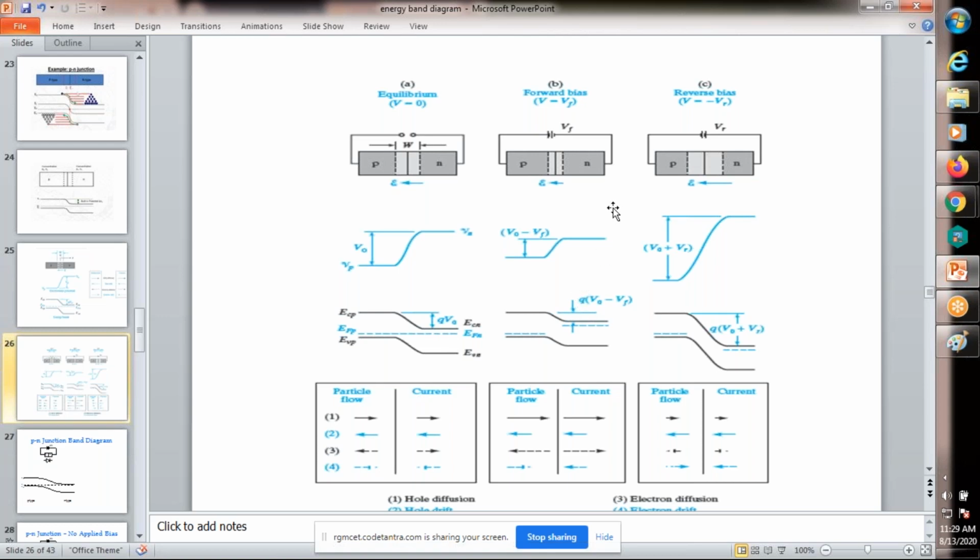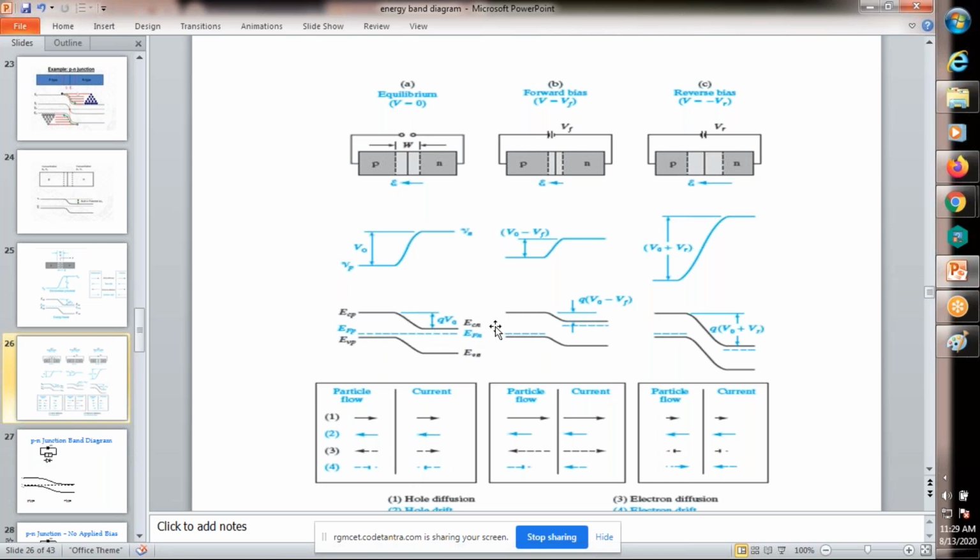One thing is, the direction of hole movement and hole current is the same. Coming to the electron, if the electron is moving from left to right, the conventional current is opposite, right to left. Remember. Finally, the conventional electron current is the same as the hole current. Both are flowing in the same direction only.